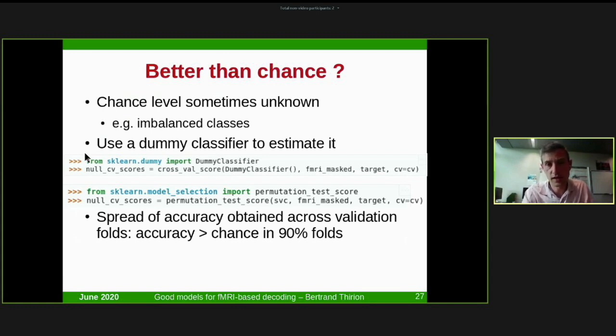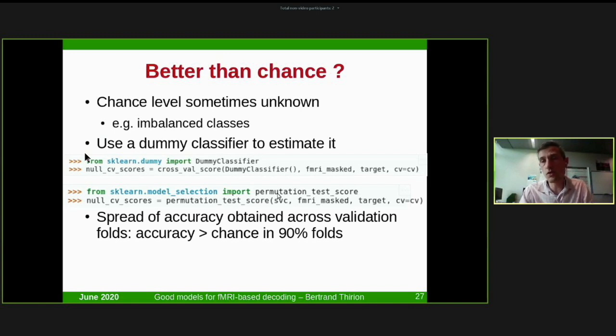If you take from scikit-learn a dummy classifier, it's just a classifier that will give as an answer the most frequent class in the training set. So it will give you what a stupid classifier would do, and it's very easy to get a baseline with this classifier. Or you can even get a permutation test score that uses internal permutations.